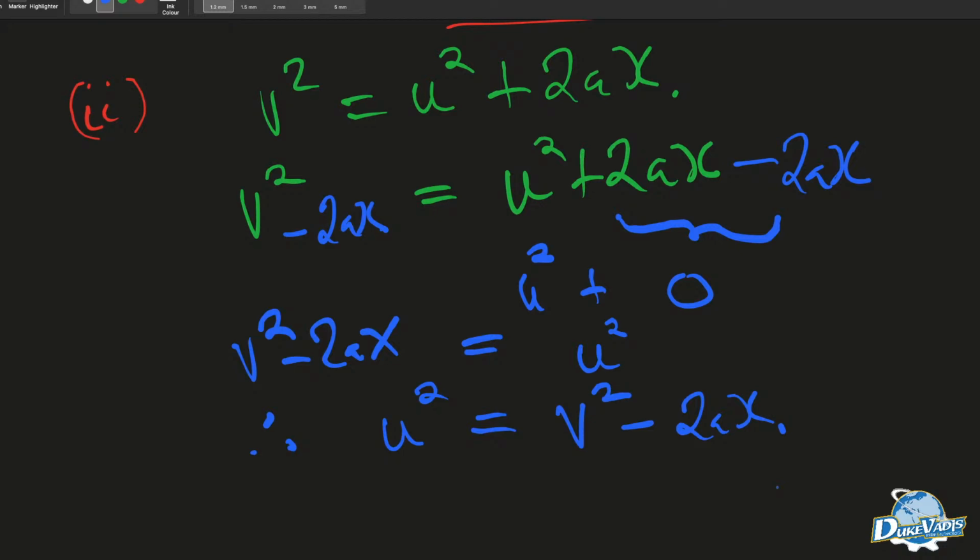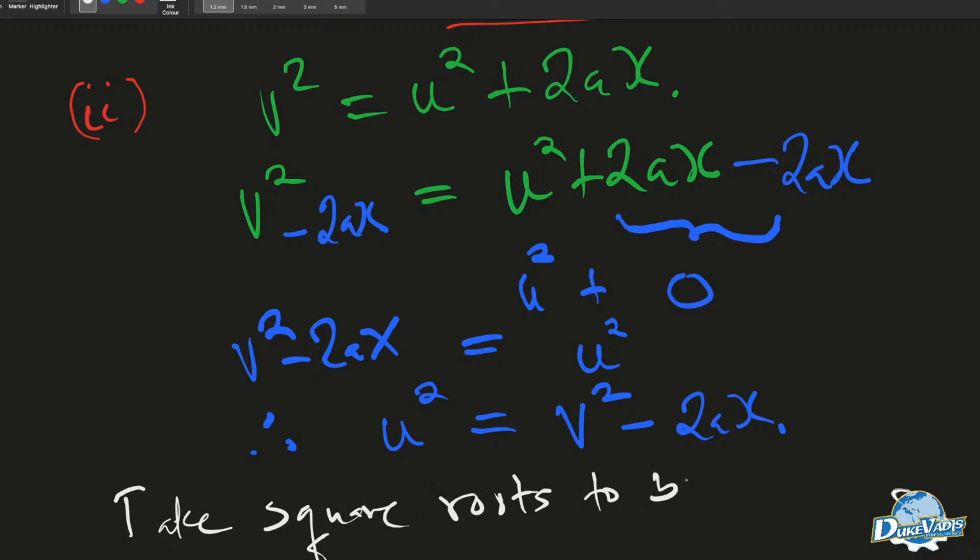That means we got to take the square root of both sides of the equation. So we say take square root to both sides.